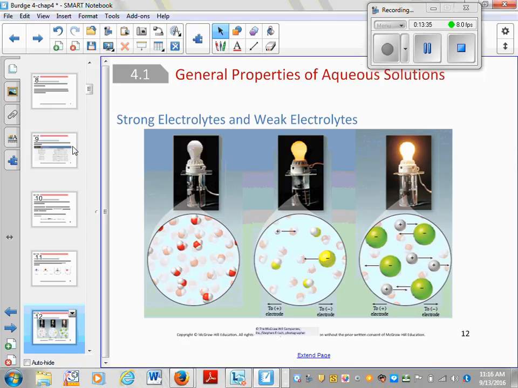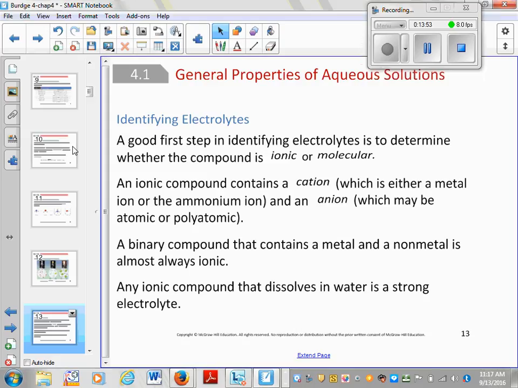But if I have a strong electrolyte, where everything ionizes, I get a nice bright light. Now your tap water contains a lot of electrolytes. Got a lot of minerals in there, a lot of salts, and it goes through the pipes and that. So yeah, you'll get zapped real good.